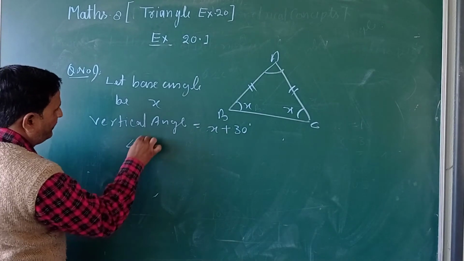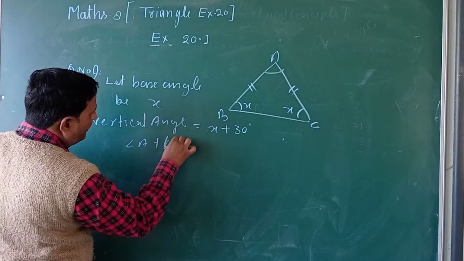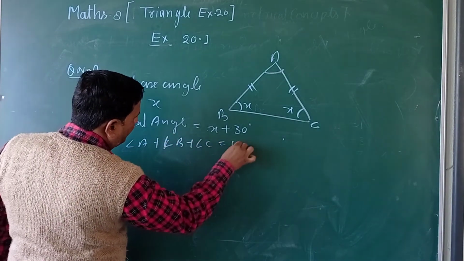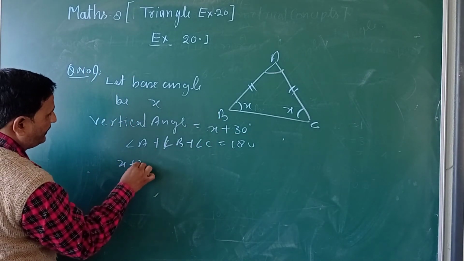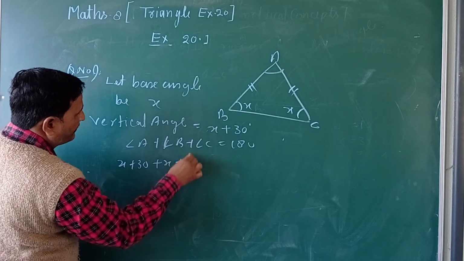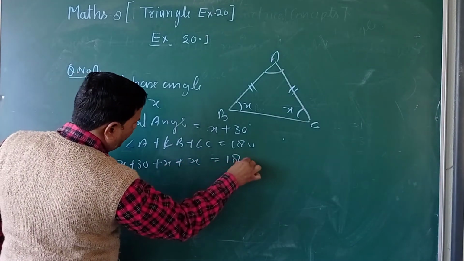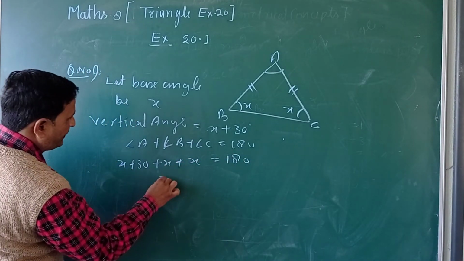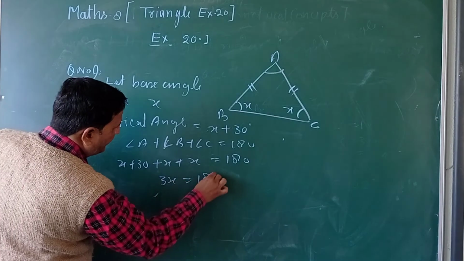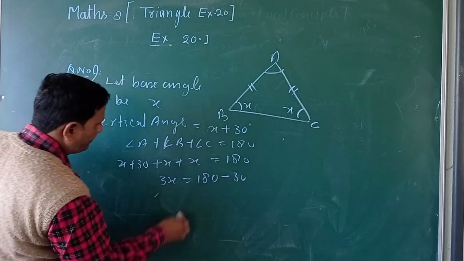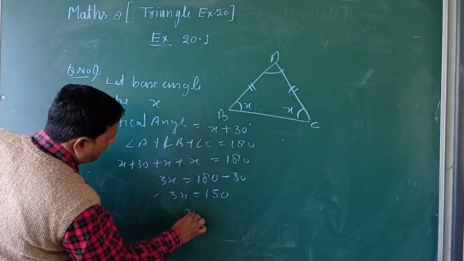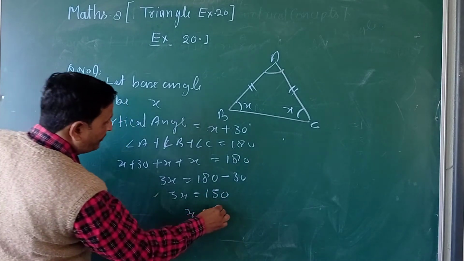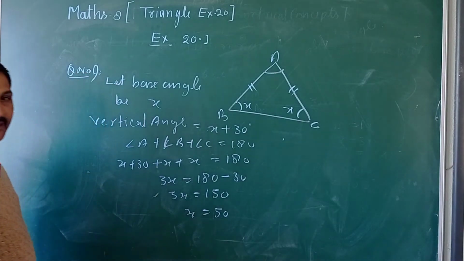Now angle A plus angle B plus angle C is 180 degrees. A value is x plus 30, B value x, C value x, total 180. 3x is equal to 180 minus 30, so 3x is 150, x is equal to 50 degrees.